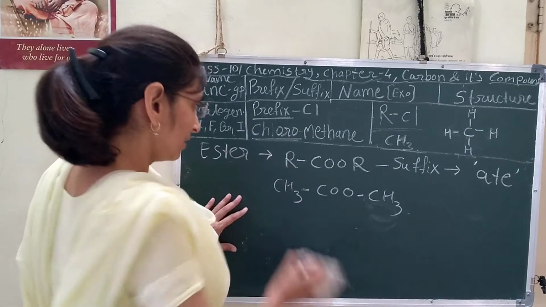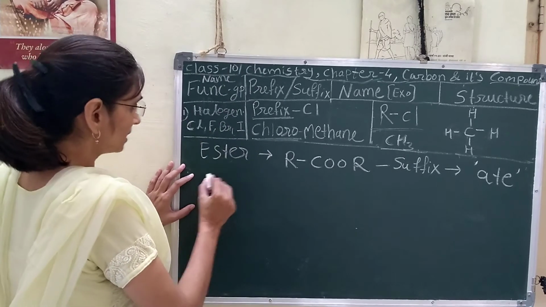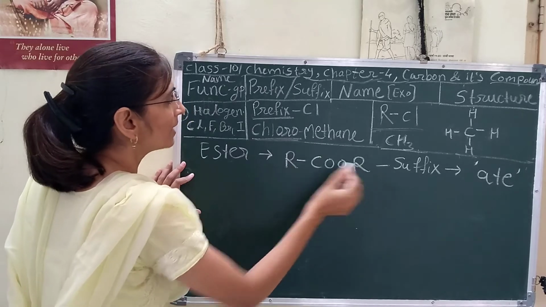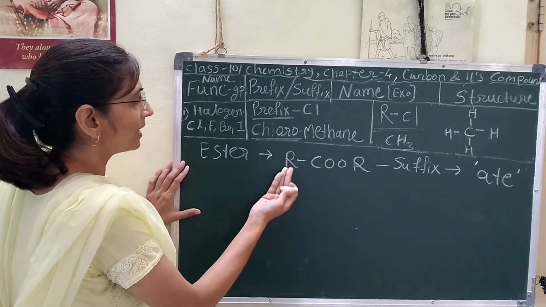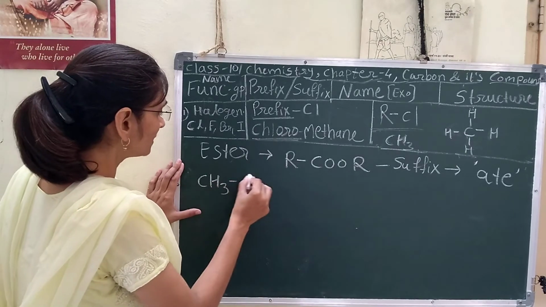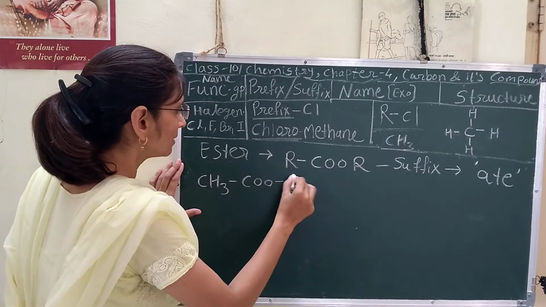So the first compound we will see here from this series, minimum number of carbon atoms 1 I will take here at first. So the first member of the alkyl group, R group, is CH3. Again COO, and again I have taken here the first R, CH3.